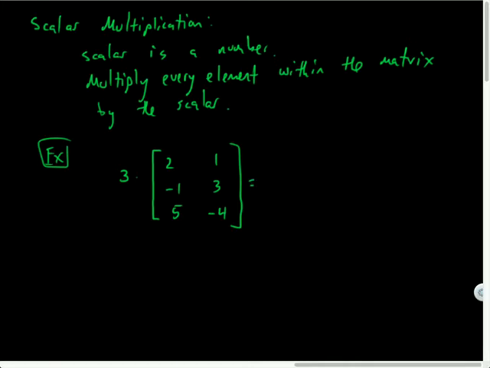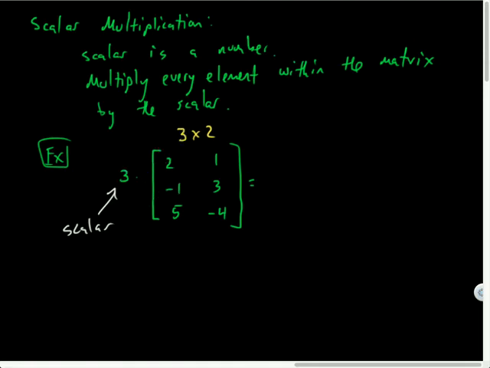In order to do this, it's essentially kind of like the distributive property. Everybody gets multiplied by the scalar. So this guy's called the scalar right there. So what size is this matrix, by the way? 3 by 2, because 1, 2, 3 rows, right?